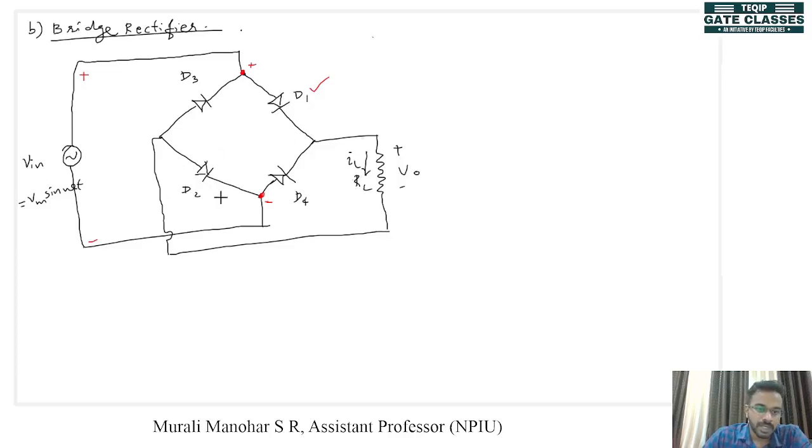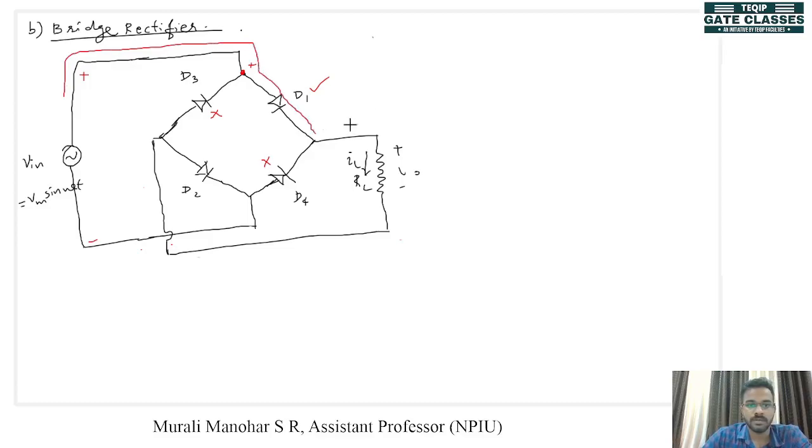When we look at diode D2, its cathode is connected to a more negative point, so its anode potential is more compared to cathode potential, so diode D2 also conducts. When we look at D3, its cathode is connected to a positive potential, so cathode potential is more than anode potential, so it is reverse biased and not conducting. In a similar way, D4's anode is connected to a negative potential, so this is also reverse biased, so it is also not conducting.